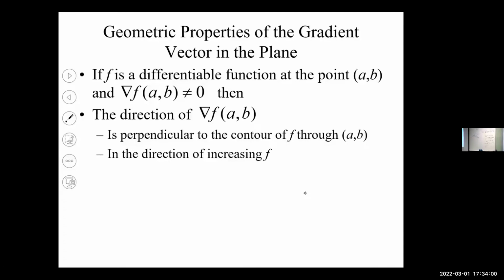To get the steepest descent, you would just put a negative in front of your gradient and go the opposite direction. Oh, and lastly, remember, if the angle between you and the gradient is 90 degrees or pi over 2, they're perpendicular. Well, remember what that would mean. That would mean we're walking along a level curve, so we have no rate of change.